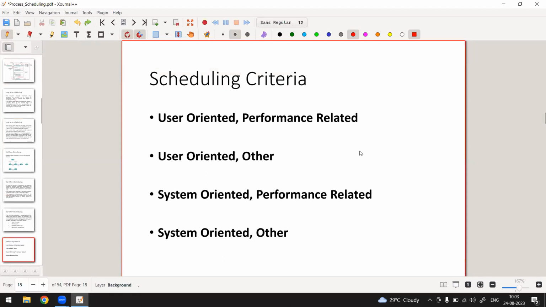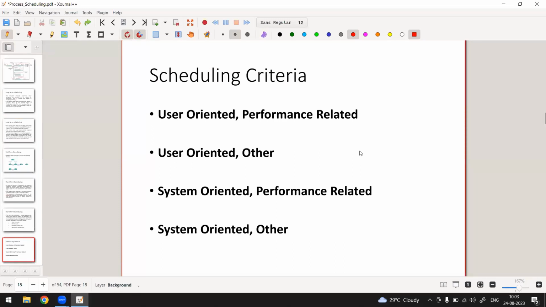Before going for the actual process scheduling algorithms, we should understand the process scheduling criteria. These criteria of process scheduling are divided into different types based on the nature of the criteria.